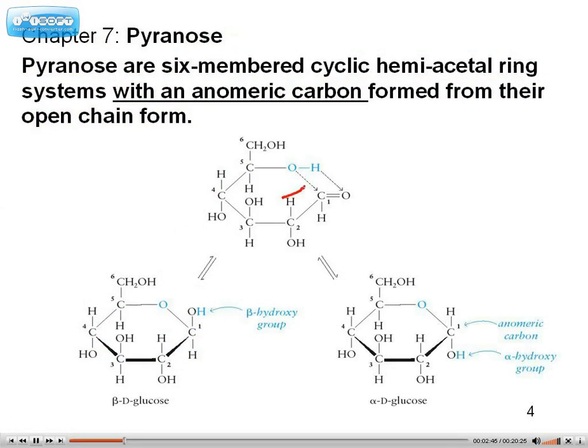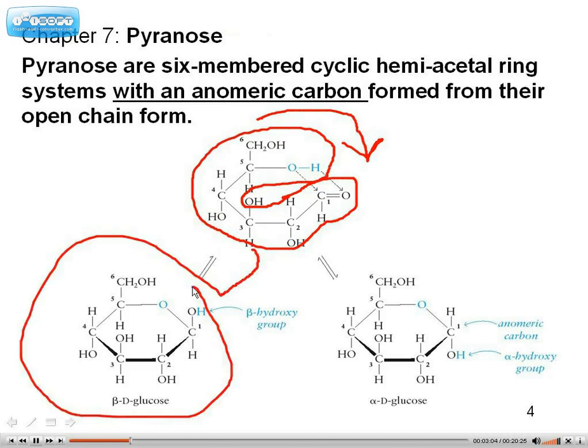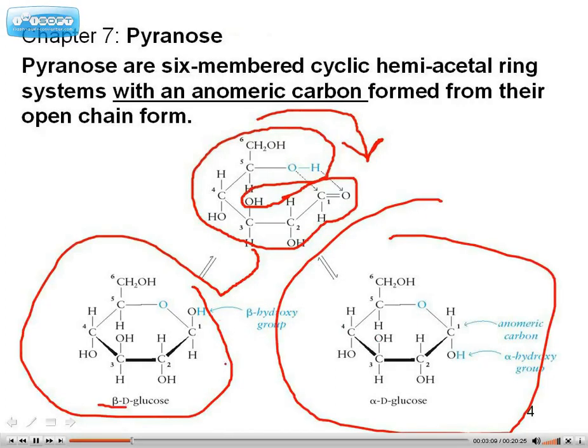So in the top picture, we have the open chain, and it's basically folding up on itself where the alcohol reacts with the aldehyde in a cyclical hemiacetal reaction. And it shows the formation of the two anomers. The beta D-glucose, as the alcohol is in the up position, and the alpha D-glucose, as the alcohol is in the down position.